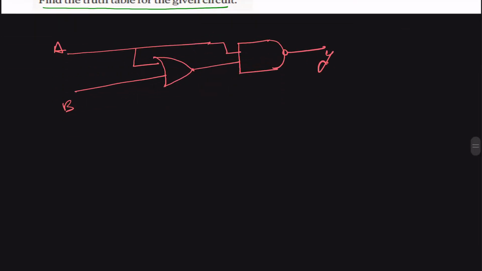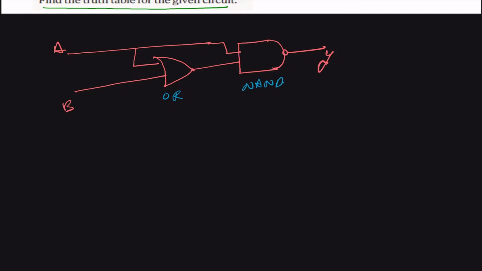This is the OR gate, and this is our NAND gate. This is our A, B, and this is our Y. So this is our OR gate, and this is our NAND gate.